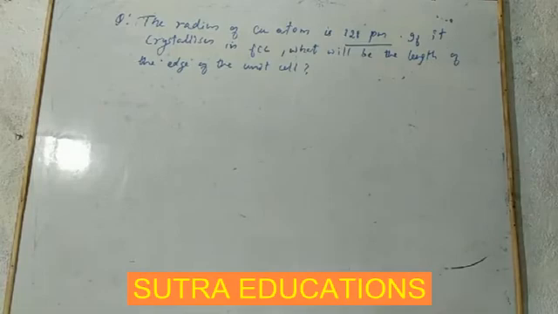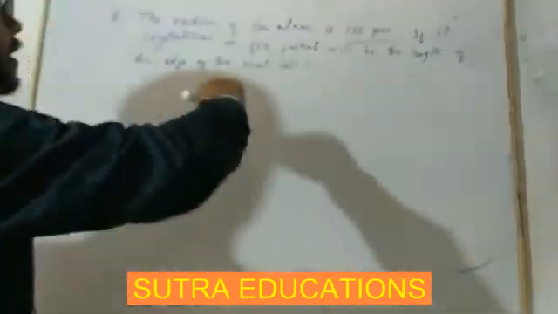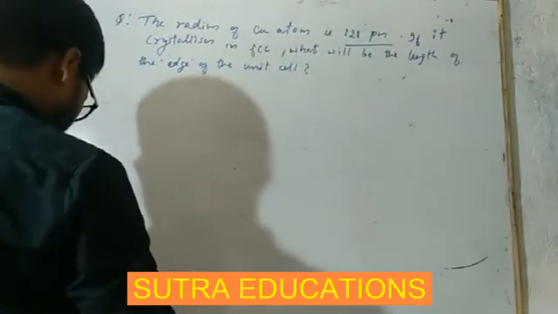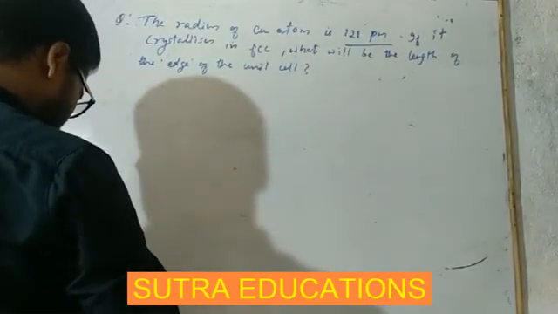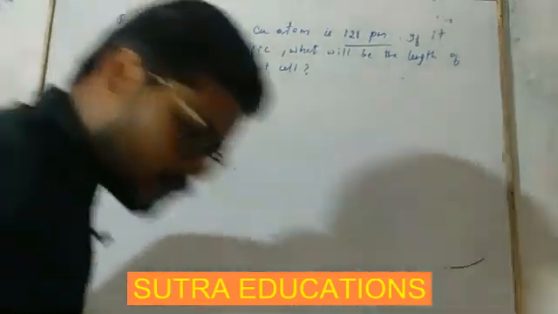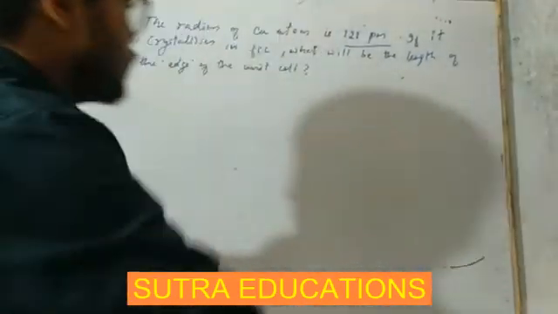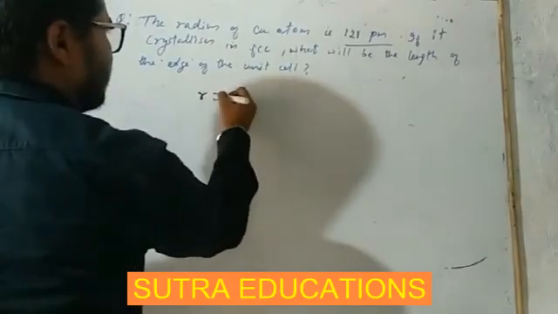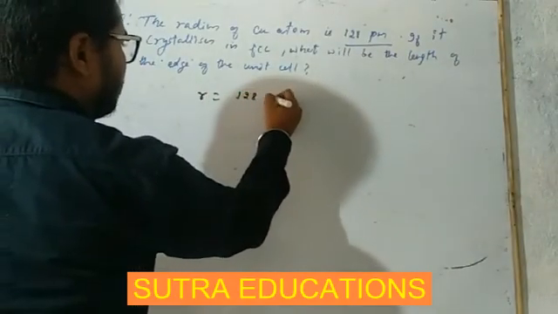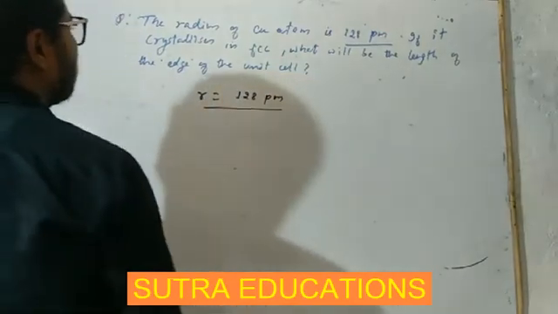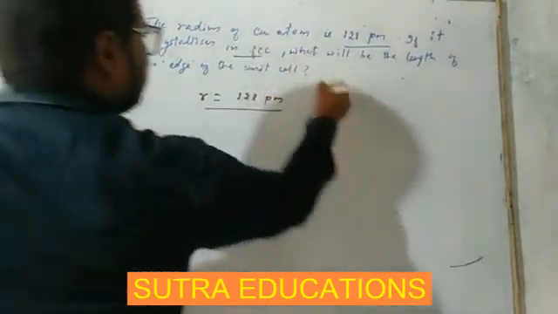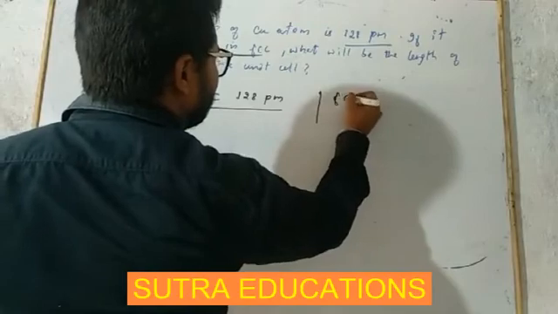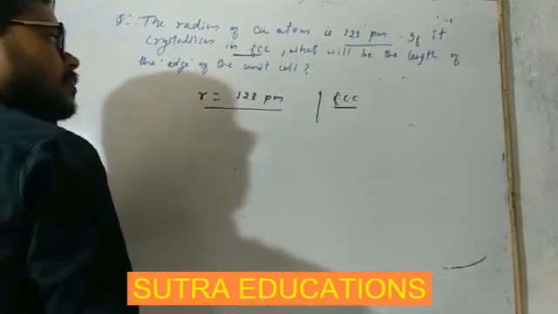Question is, the radius of copper atom is 128 picometer. So we have given here radius. So R is given here 128 picometer. Okay. If it crystallizes in FCC, face centered cubic unit cell. Okay.